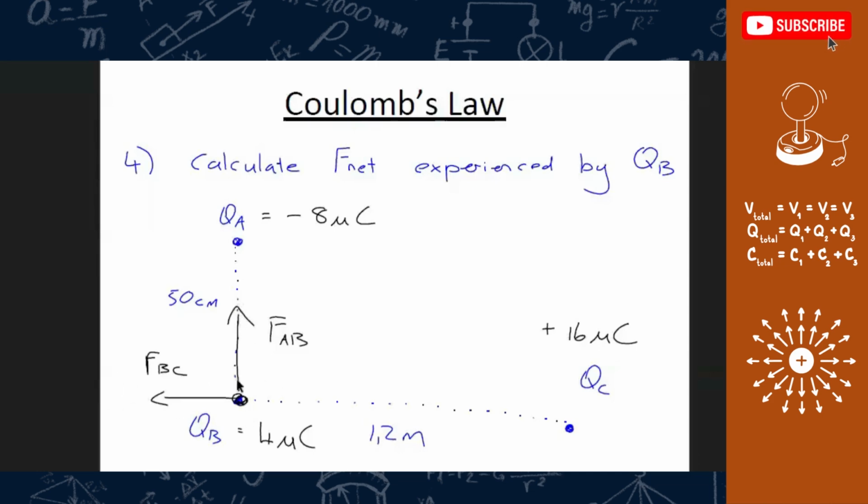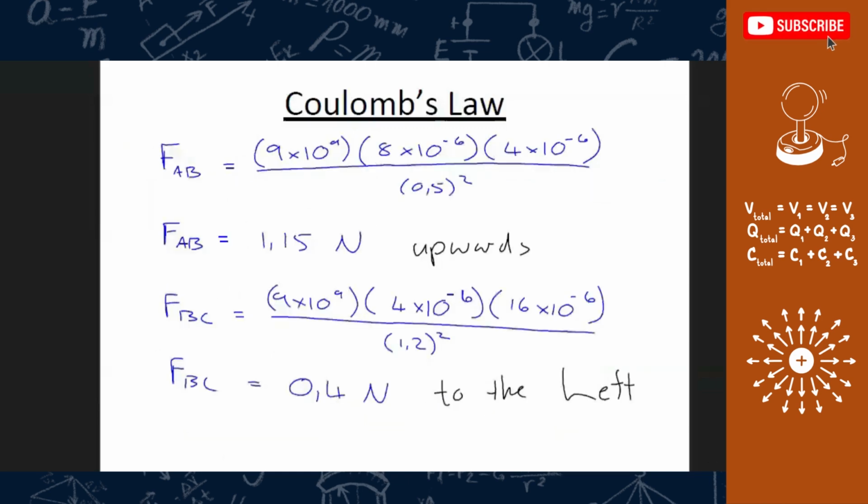So we will calculate the force that B is going to experience because of A using our Coulomb's law. And we will also calculate the force that B feels because of C using Coulomb's law. Here are the equations.